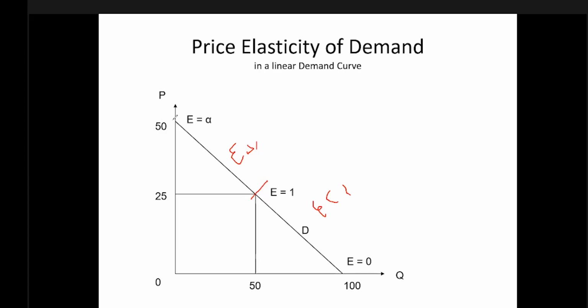If we do the calculations, finally this will be infinity and this will be 0. So therefore, we can conclude that if it is a linear demand curve, price elasticity of demand is not unitary. It will change depending on the place, from 0 to infinity.